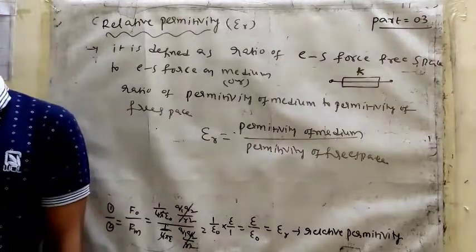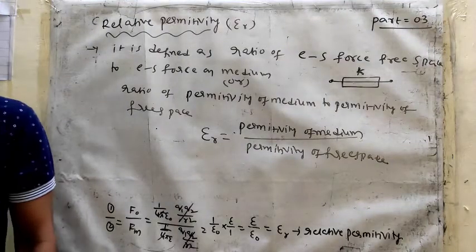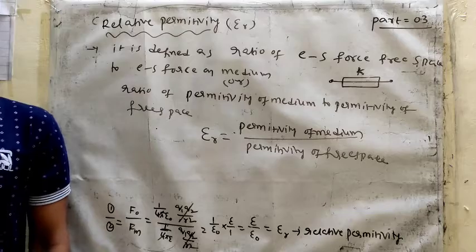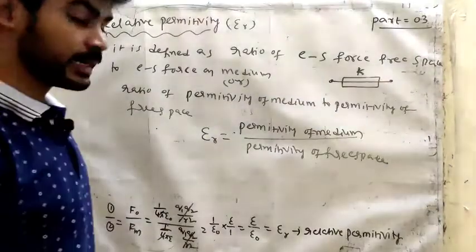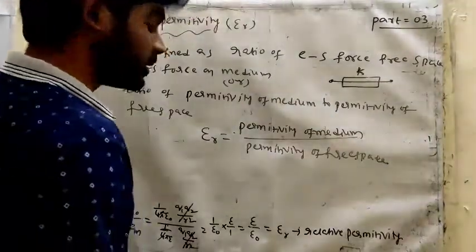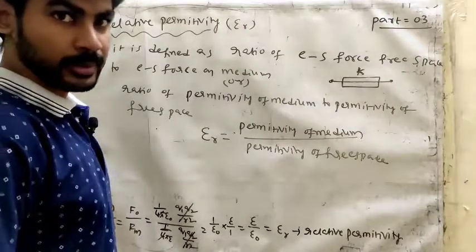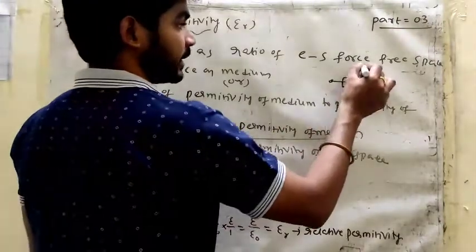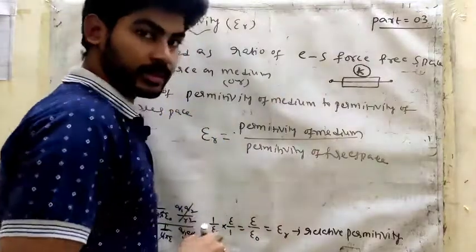So suppose we place dielectric substances. In that case the dielectric constant is K. K is the dielectric constant.